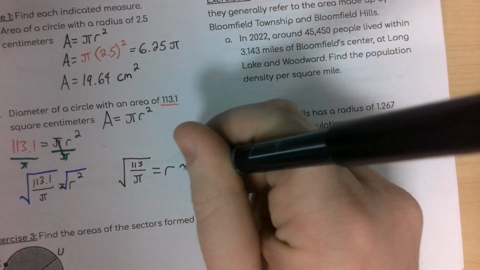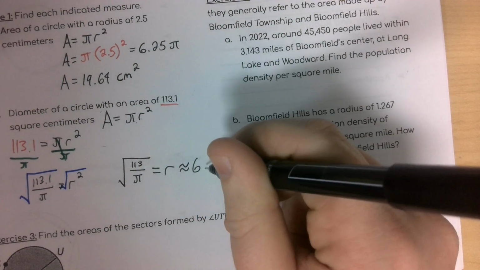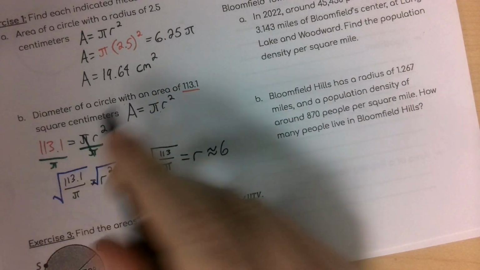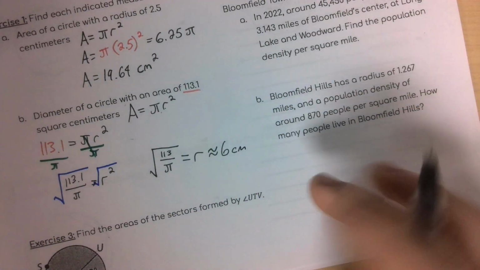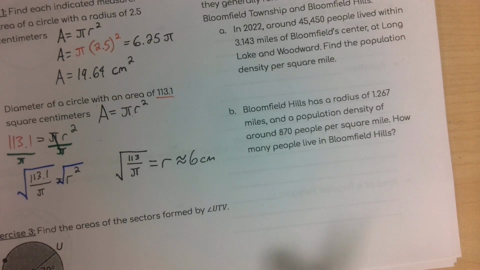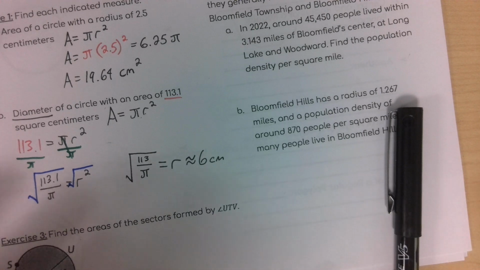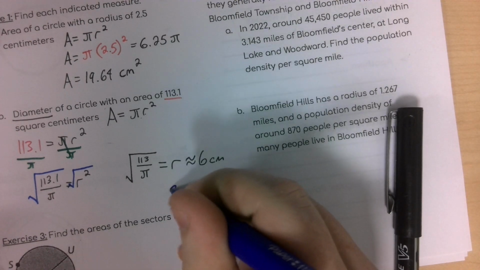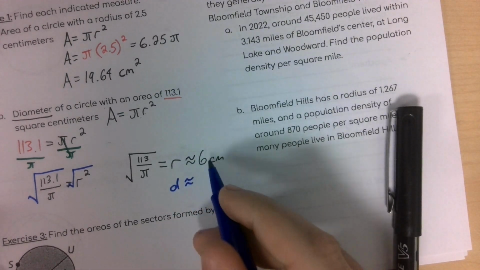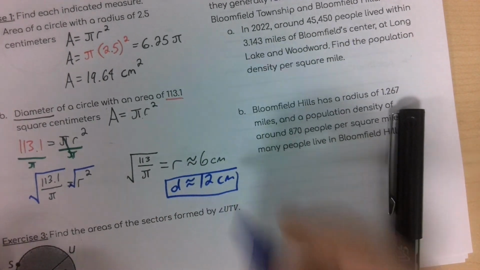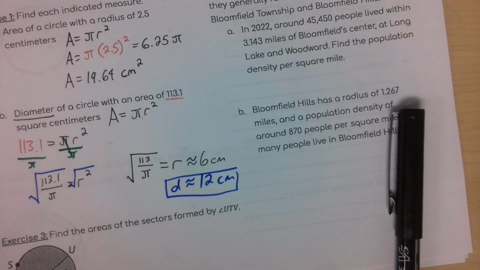Our radius is about 6. Since our area was in square centimeters, our radius is 6 centimeters. But we don't want that, we want the diameter. So all we need to do is multiply this by 2. If our radius is about 6, our diameter is about 12 centimeters. Very nice.